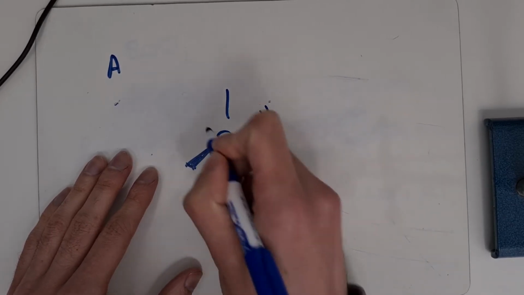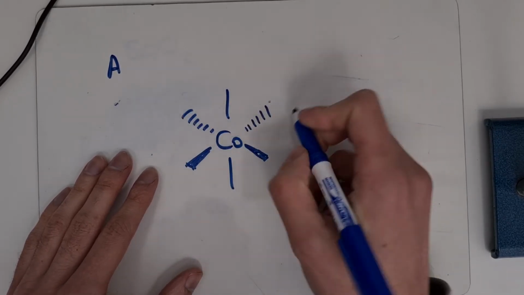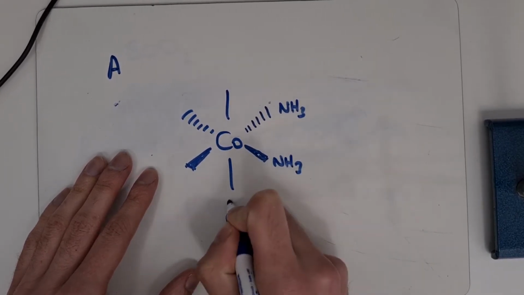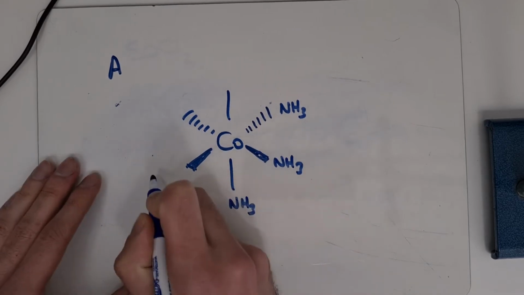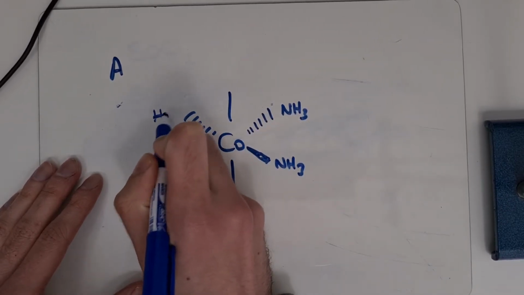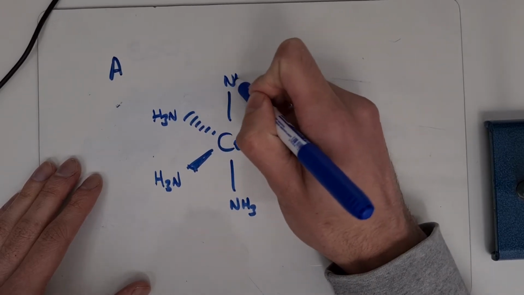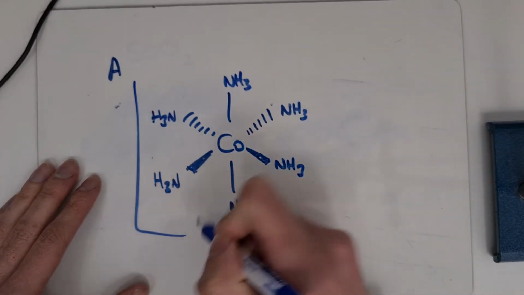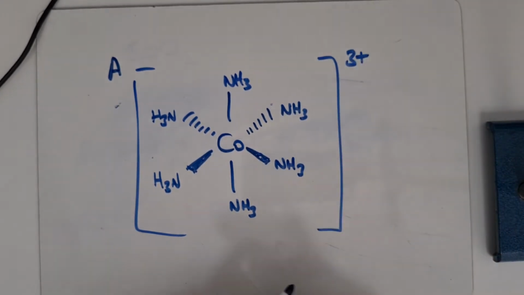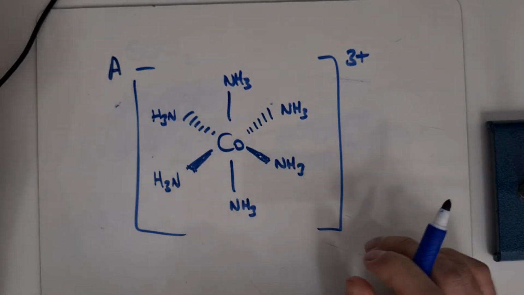For A, we are just going to put in 6 ammonias. It's in brackets because it's an ion with a 3+ charge. So that is A, with 6 ammonias.